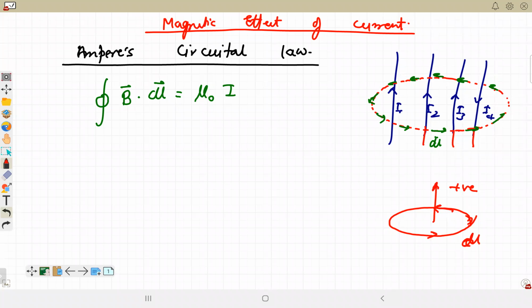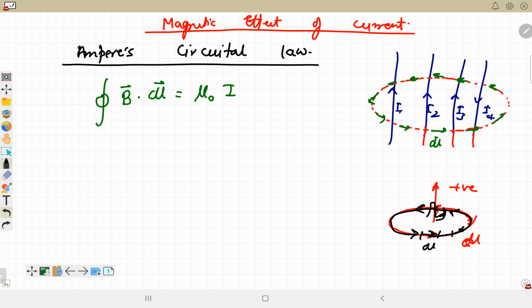So which current is coming out of the plane in this loop? See, on this loop, when you choose the dl, this is dl. If we are going anti-clockwise, curl your right hand in the anti-clockwise direction. Thumb is pointing upwards. This is nothing but similar to the thumb rule.